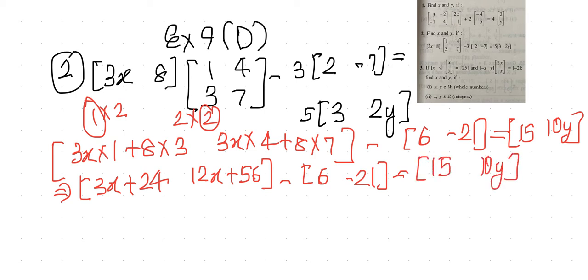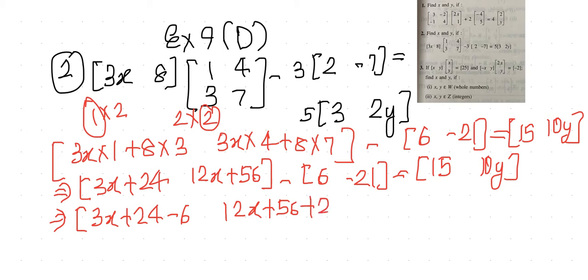Okay. So this implies, write down 3x plus 24 minus 6, and this is equal to 12x plus 56 minus 21, and this is equal to 15 and then 10y.